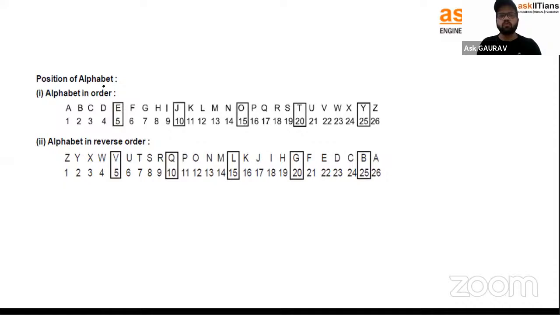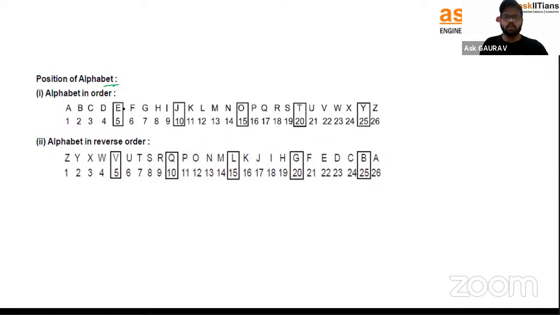Positions of alphabet. Whenever you are attempting your logical reasoning paper in any competition exam, first of all, write all these alphabets in reverse order also, and the related positions in numbers also, so that it will be easy for you to identify. Just write them on top of your rough paper before attempting.